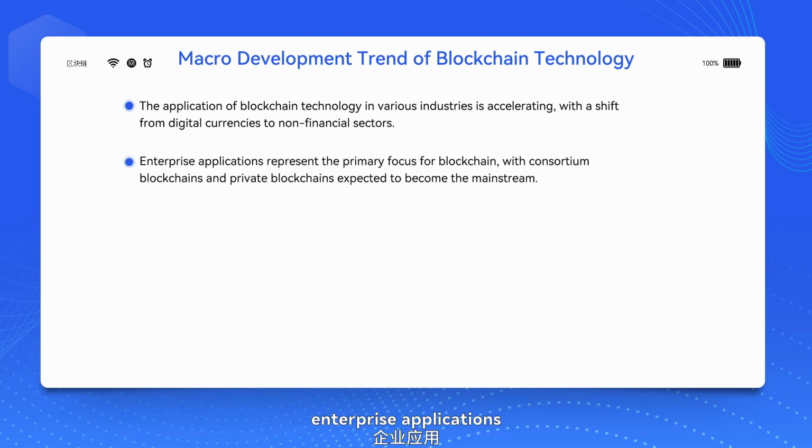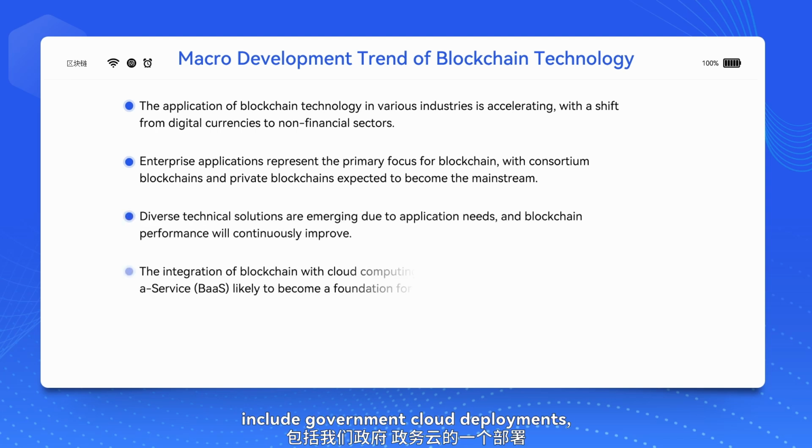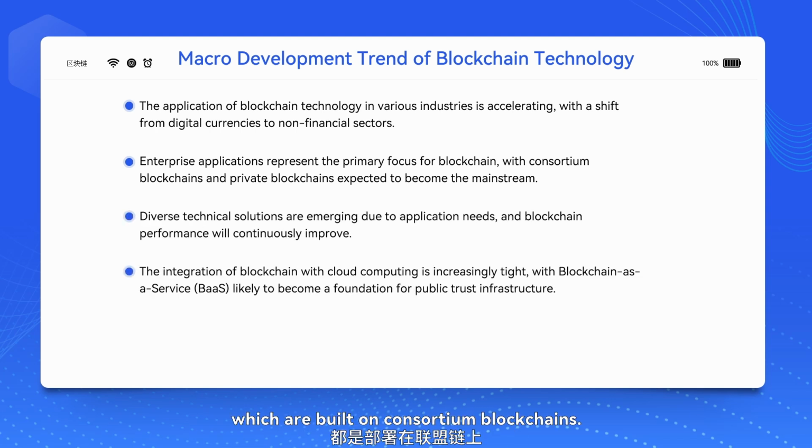Secondly, enterprise applications represent the primary focus for blockchain, with consortium blockchains and private blockchains expected to become the mainstream. In China, consortium blockchains are the primary focus. Blockchain applications include government cloud deployments, which are built on consortium blockchains.